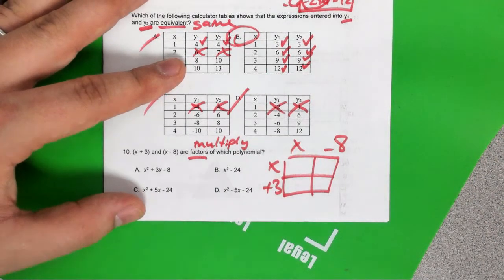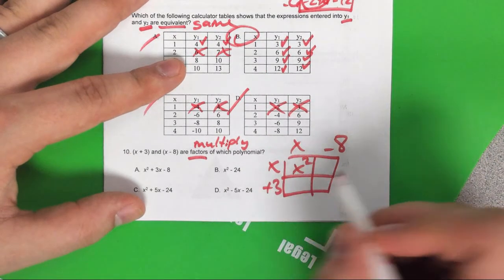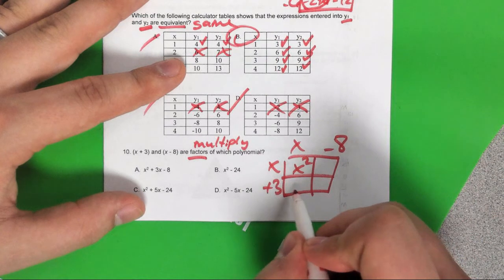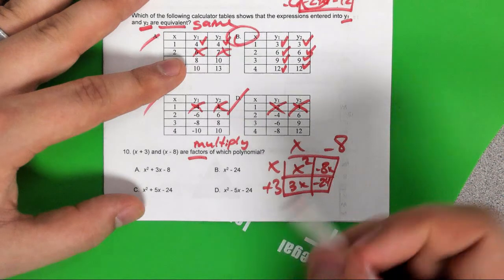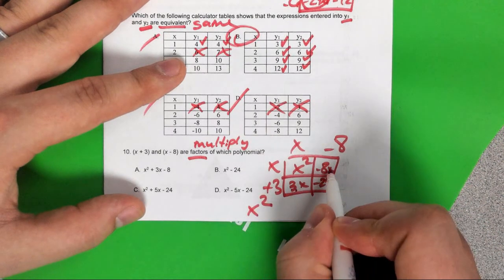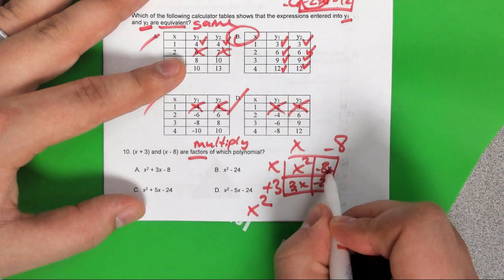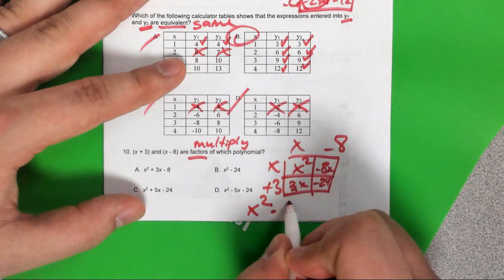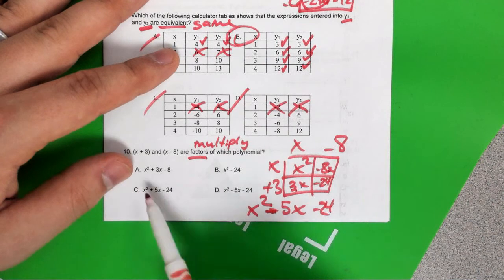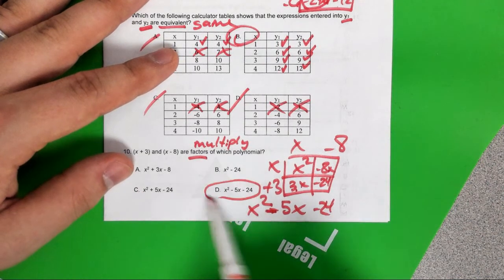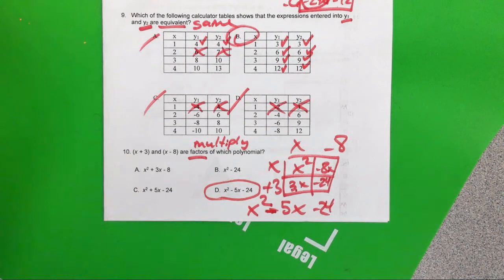Okay, x squared, 3x, negative 8x, and then negative 24. So putting it all together, x squared, 3x minus 8x is minus 5x, and then minus 24. Okay, x squared minus 5x, oh, there we go. Didn't even need the minus 24, and we knew.